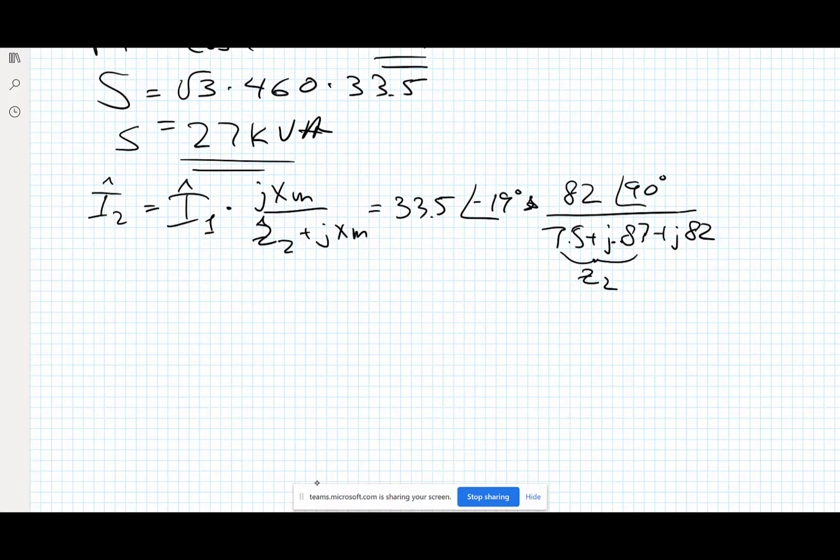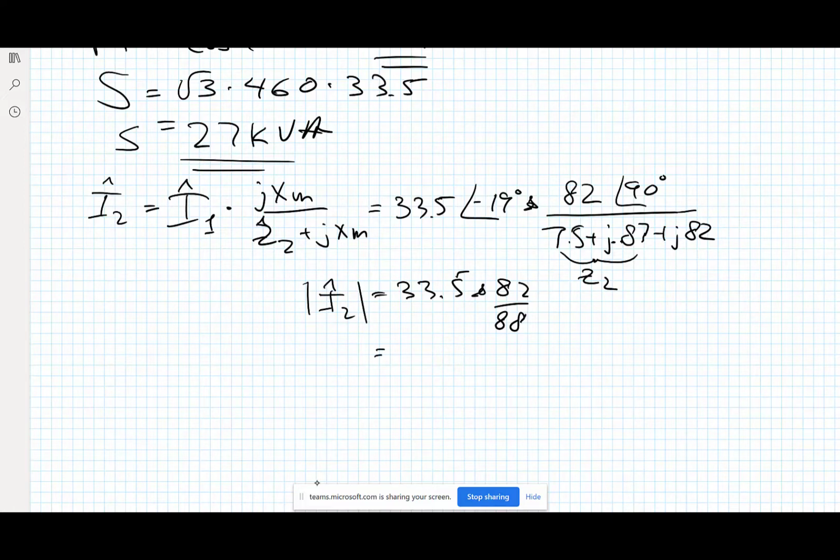I'm squaring the 7.5 and squaring the sum 87.82, and that's 88. So this ends up being 33.5 times 82 over 88. I don't really care about all the angles because I'm just after the amplitude.